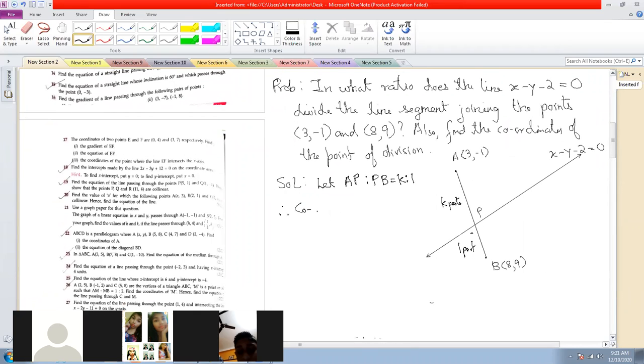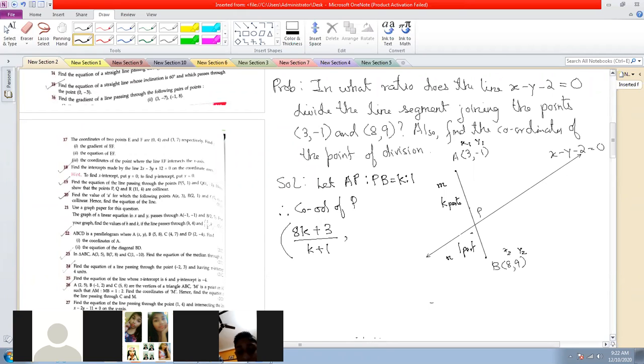Therefore, coordinates of P, use section formula. If you are taking this as x1, y1, and x2, y2, this becomes your m and this becomes your n. So m is k, n is 1. m x2, x2 is 8, so 8k, plus n x1, n is 1 and x1 is 3, so 1 into 3 is 3, divided by m plus n, k plus 1.